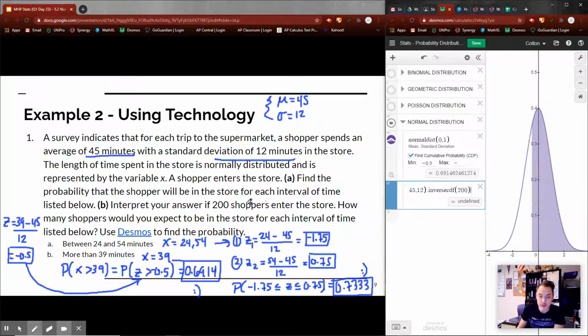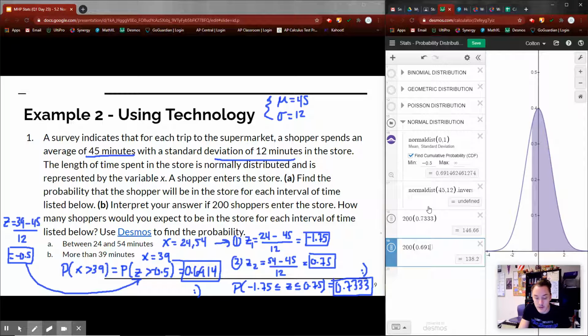Basically, what you do is you take 200. I guess I'm just not going to show you. Let's just do this. What you do is take 200 times your 0.7333, and roughly that would be 147 shoppers. Then you take 200 times my other probability, 0.6914, and that's roughly 138 shoppers.